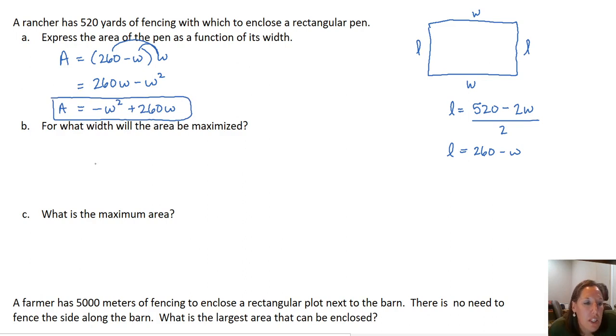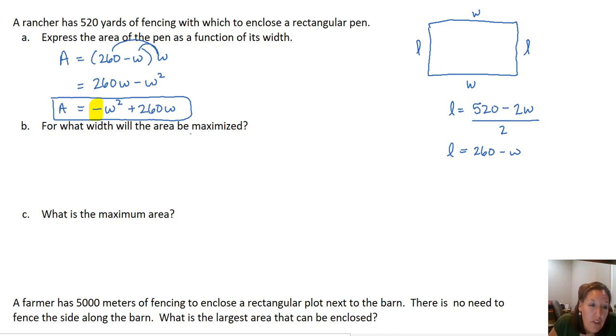Now part B wants us to find the width with which the area is maximized. Well, remember, quadratic equations will be maximized only if they open down, and then that maximum value will occur at the vertex. And we do see that our leading coefficient here is a -1, and so it is going to open down. So we will actually have a maximum here, and that maximum will occur at the vertex.